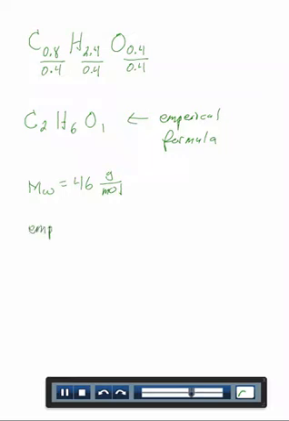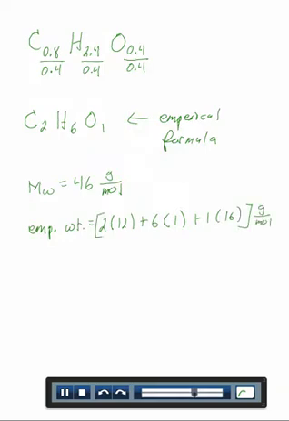So the empirical weight is equal to 2 times 12 plus 6 times 1 plus 1 times 16. And this is all in units of grams per mole from the periodic table. So this is equal to 46 grams per mole.